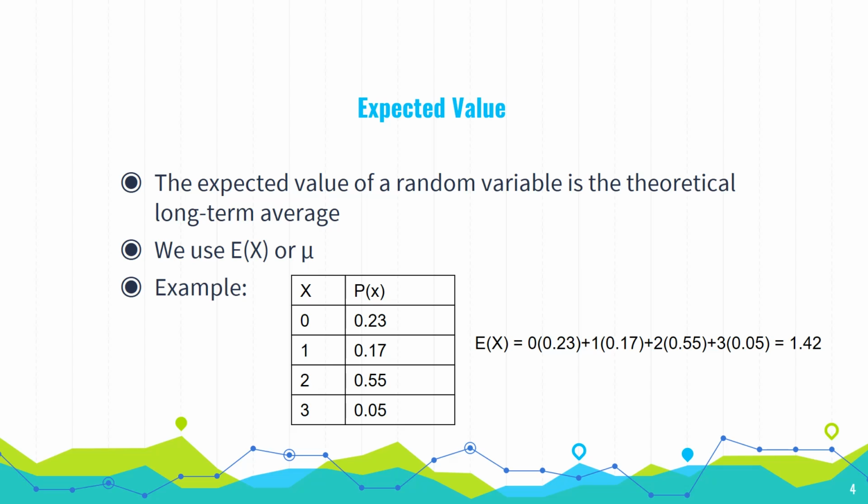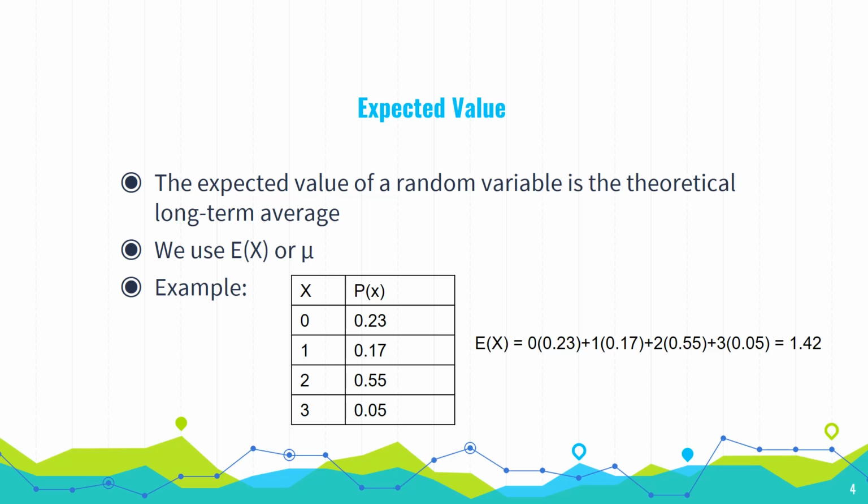What you do is you take each value that the random variable can take, you multiply it by its respective probability, and you do that for each of them, and you add up all of these products. So it's 0 times 0.23 plus 1 times 0.17 plus 2 times 0.55 plus 3 times 0.05. That's the expected value.